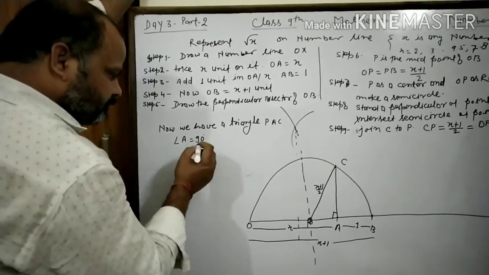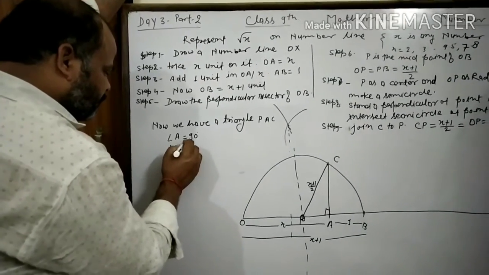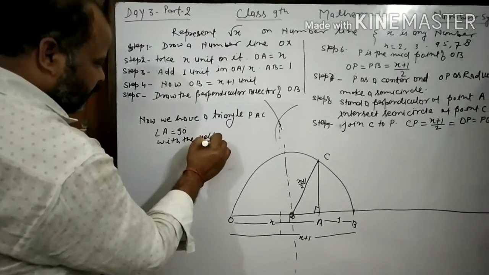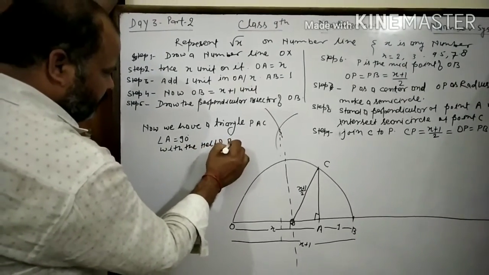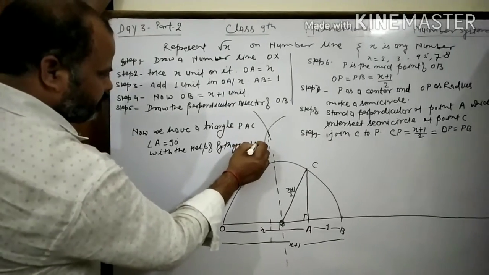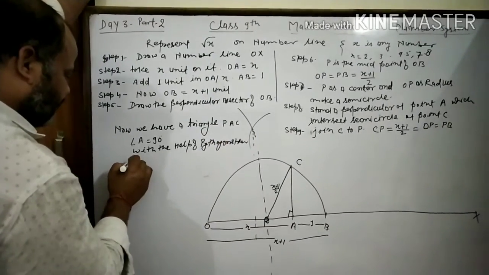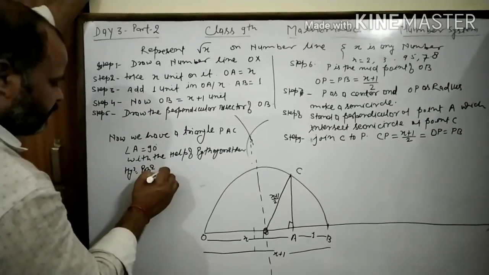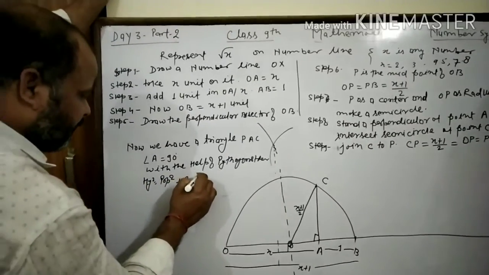Now with the help of Pythagoras theorem, hypotenuse square is equal to perpendicular square plus base square.